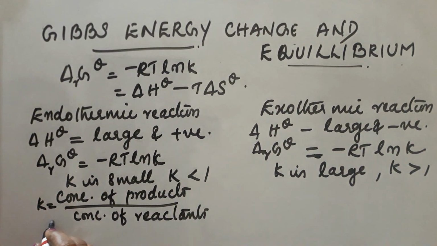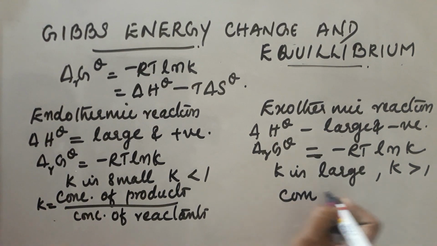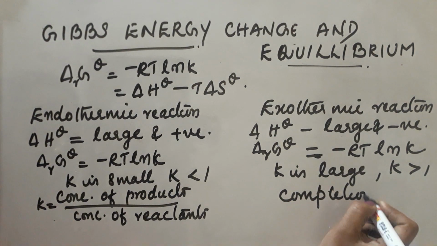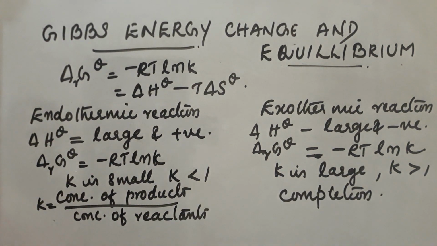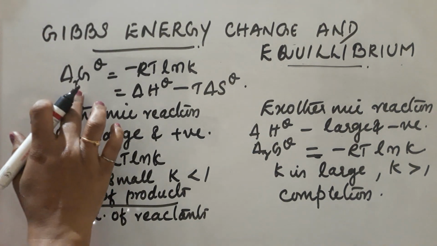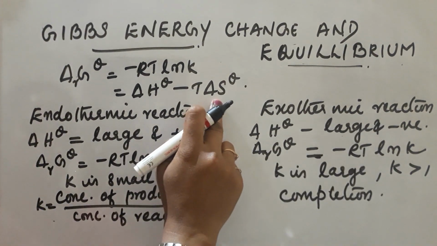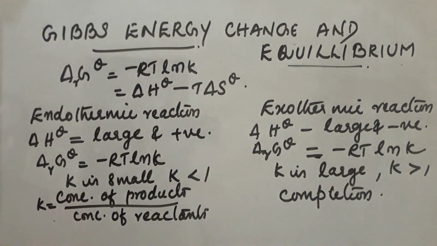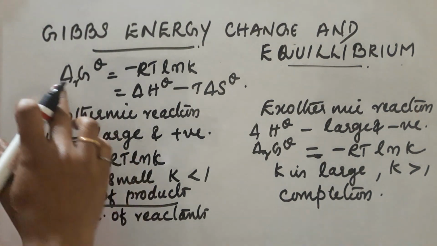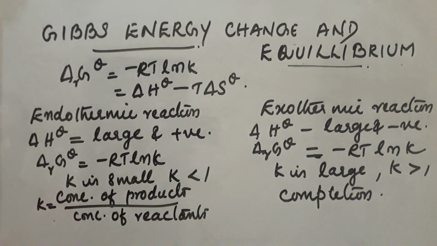Greater than 1 means the reaction almost goes to completion. This is the case for an exothermic reaction. Also, this free energy depends upon delta S too, whether it is large or small.